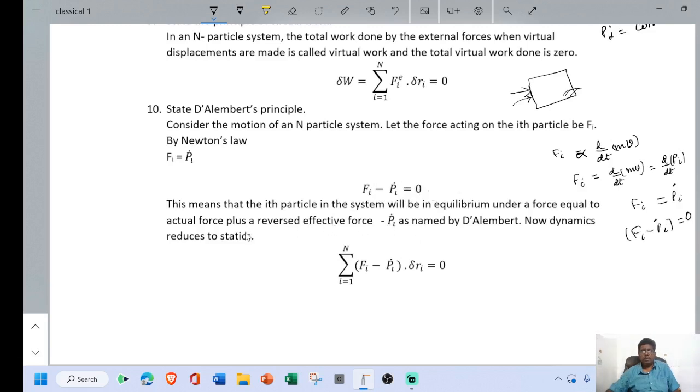Now, dynamics reduces to statics, which means the motion brings the system to rest. Then, summing over all particles, the actual work done is the summation from i equals 1 to n of (Fi minus pi dot) dot del Ri, which is equal to 0. This is our D'Alembert's principle.